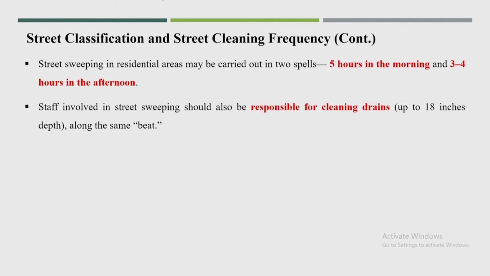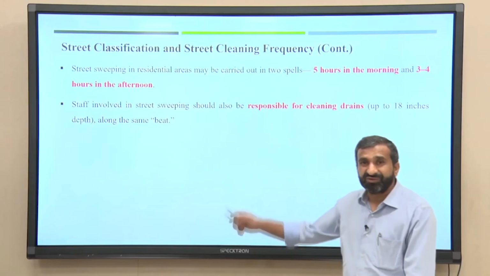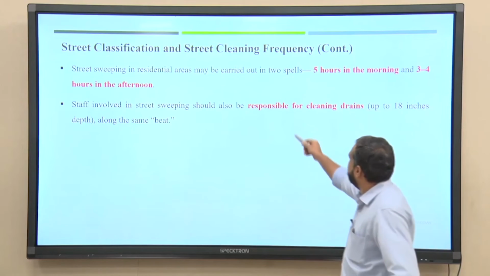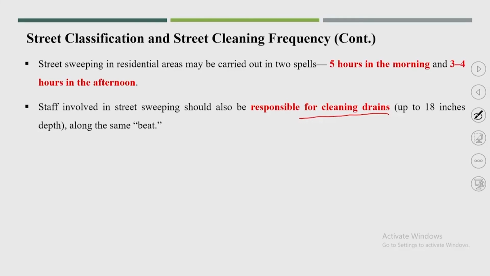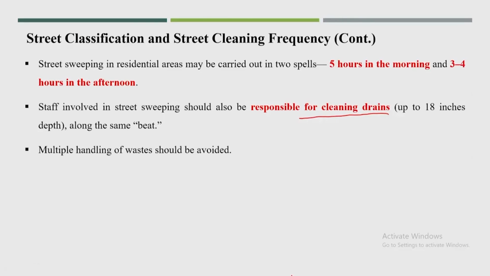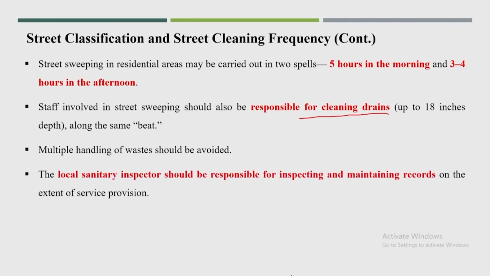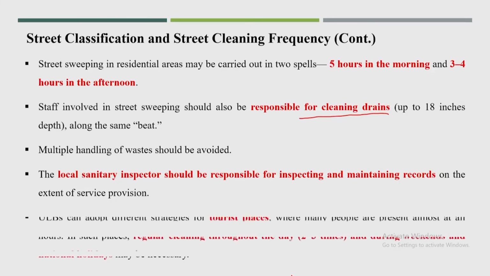This is another activity for the street sweeping staff: not only street sweeping, but also cleaning the drains, and multiple handling of waste should be avoided. The local sanitary inspector should be responsible for inspecting and maintaining records of that activity.